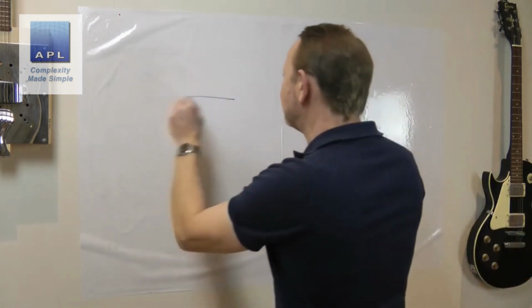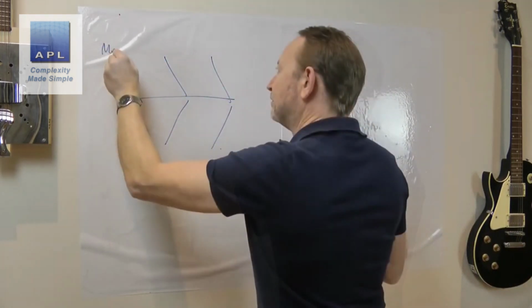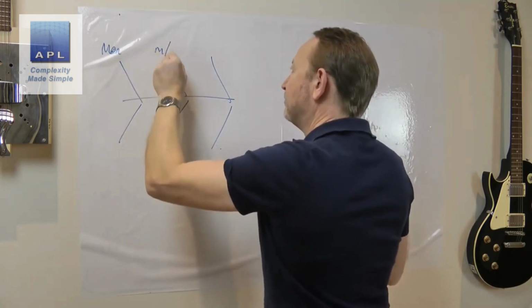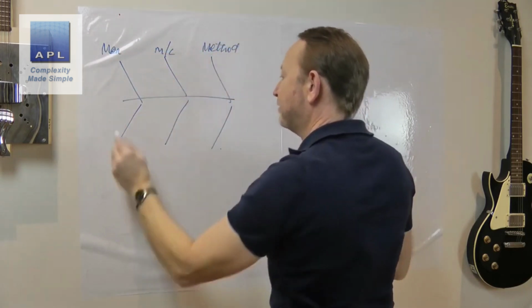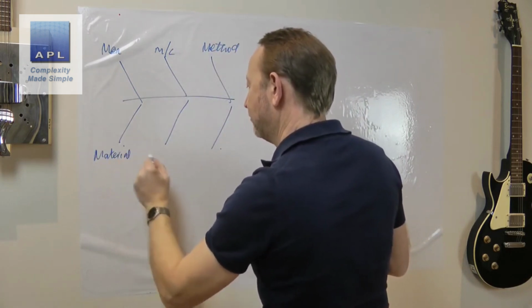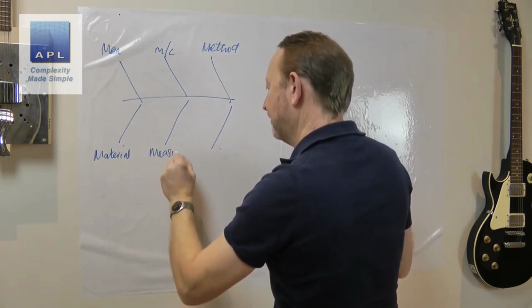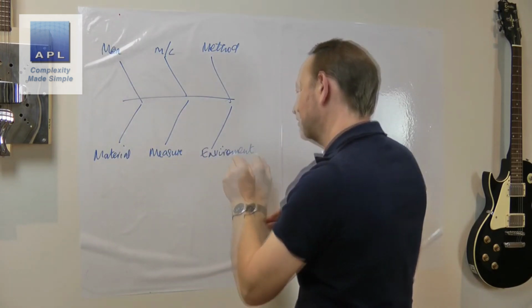So a key point, your cause and effect diagram, you know, men, machines, method, material, measurement, environment.